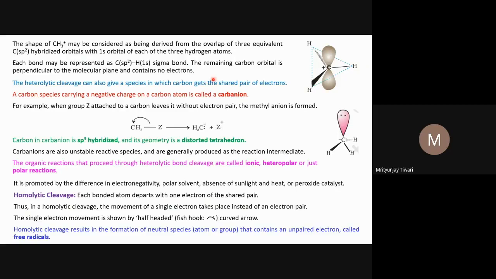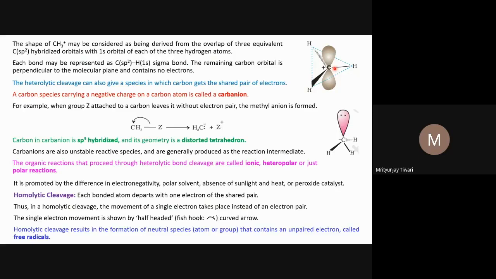The shape of CH3+ may be considered as being derived from the overlap of three equivalent sp2 hybridized orbitals of carbon with the s orbital of each of the three hydrogen atoms. So one p orbital is now empty. Only two p orbitals and one s orbital of the valence shell of the carbon will undergo hybridization.